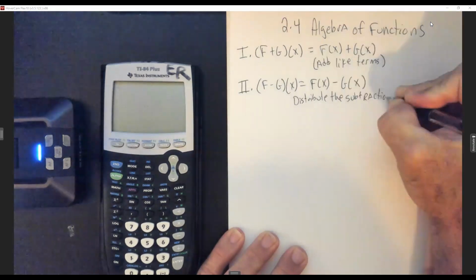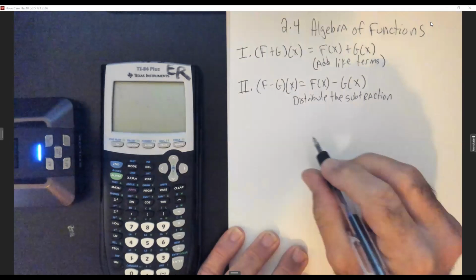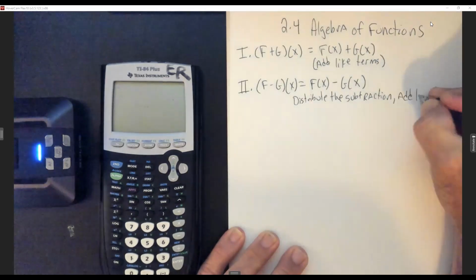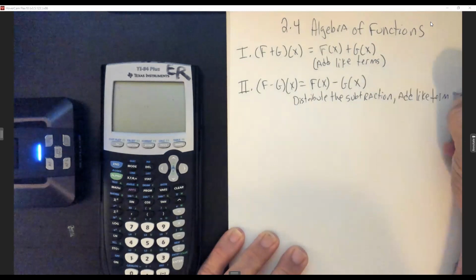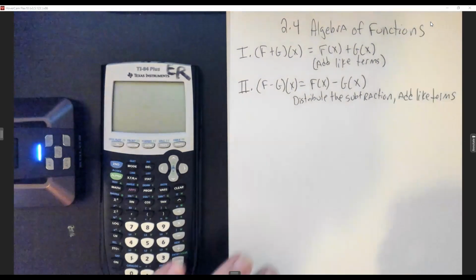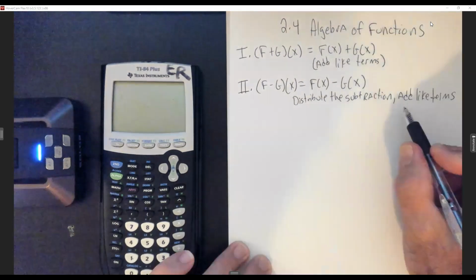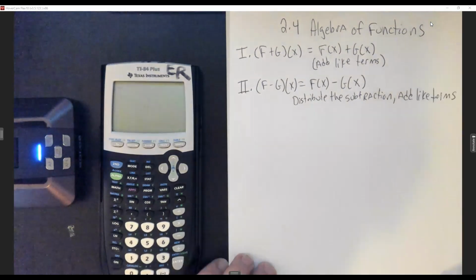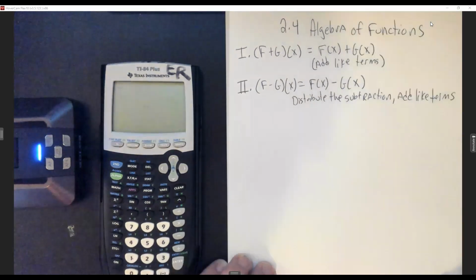After you distribute the subtraction, then you're going to add like terms. If you were in the foundations, that's why we gave you problems where you had subtraction followed by parentheses, because we wanted y'all to distribute through those, okay? So that's adding and subtracting.